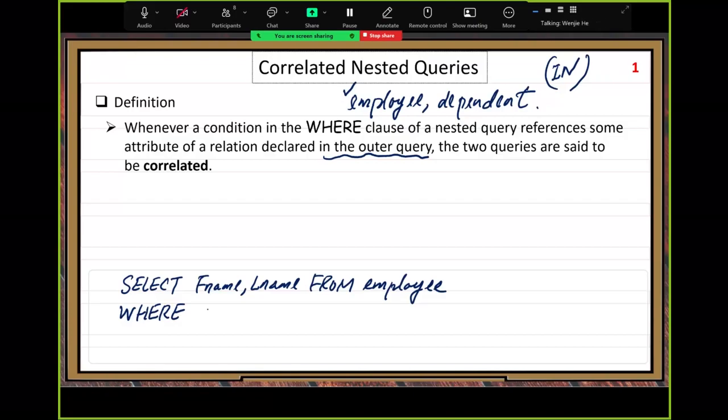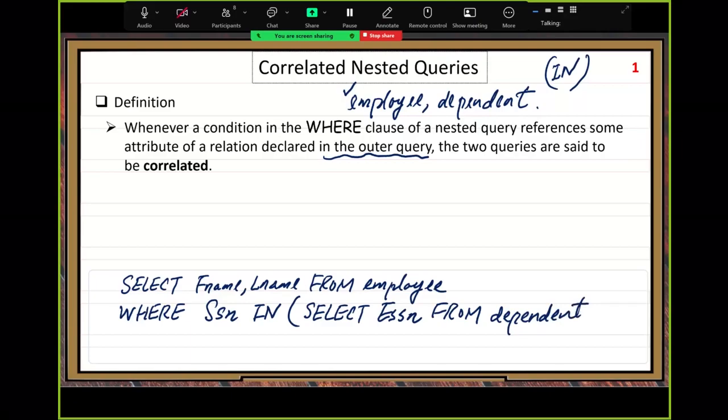One way is to write SSN, this employee's SSN, in, then the inner query in parentheses: select ESSN from the dependent table, where, in this inner query's where clause, it has a son, so the relationship.